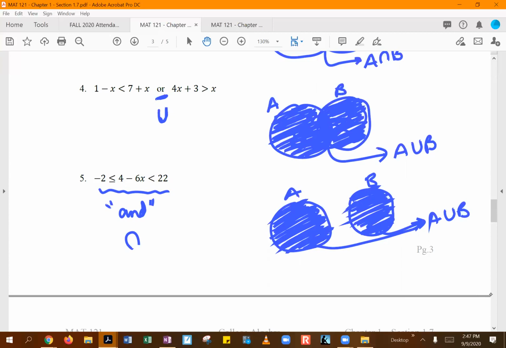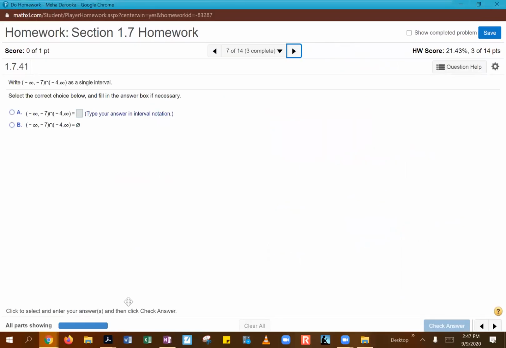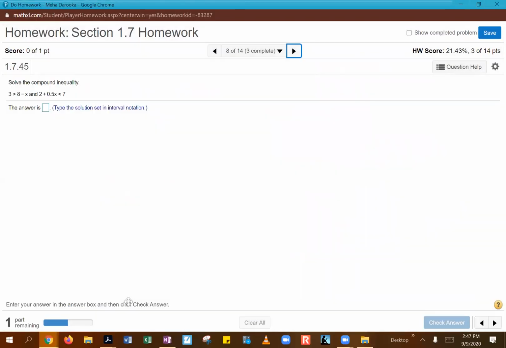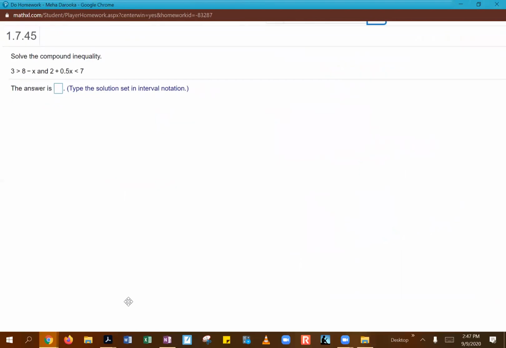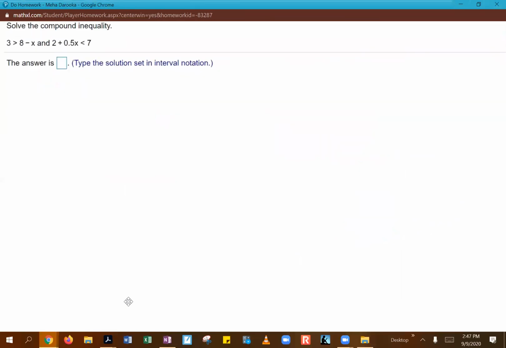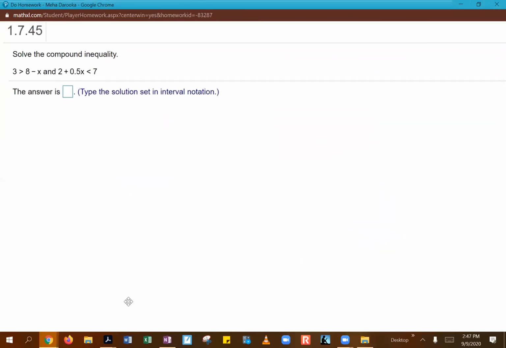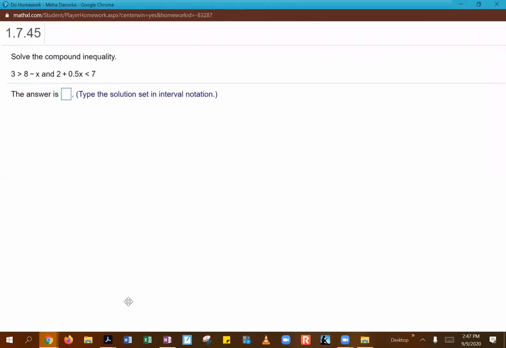So let's pick an example from our homework over here and take a look. Let's do this one over here. As you can see, this is an "and" inequality, so we'll go ahead and solve each one of our simple inequalities.